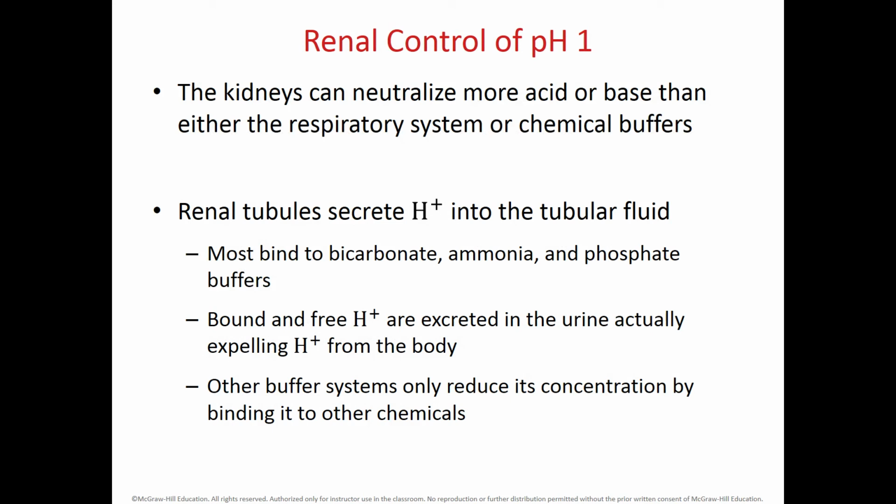And the kidneys can neutralize more acid or base than either the respiratory system or the chemical buffer. So they play an important role in the long run to maintaining normal pH. Specifically, again, the renal tubules will play an important role in maintaining pH by secreting hydrogen ions into the tubular fluids.